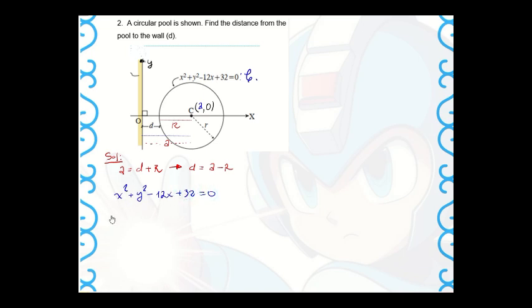Entonces, en este caso, ¿qué tenemos que hacer? X squared minus 12x. Let's put together the variables x plus y squared plus 32. Bien, lo que vamos a hacer es formar un binomio. Let's make a binomial made of these variables x first.